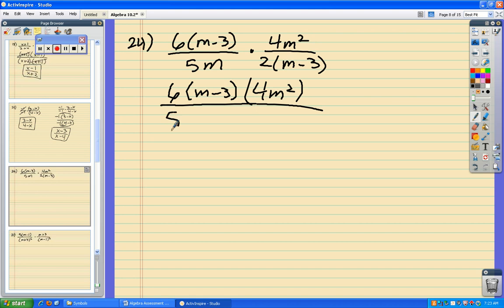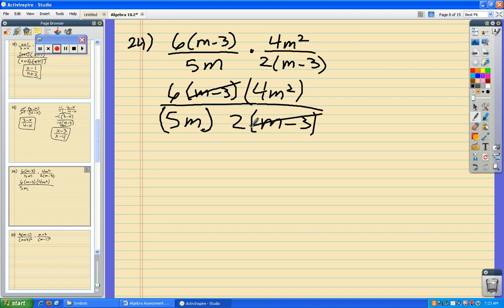You have a 5m and a 2 parentheses m minus 3. Okay, so we have all the factors written out as one big fraction, and we start our cancel. M minus 3's. What else?